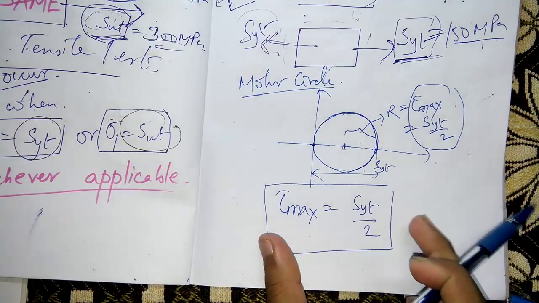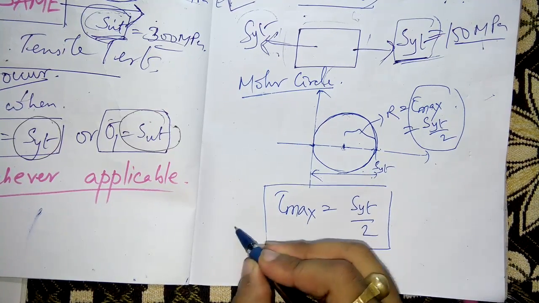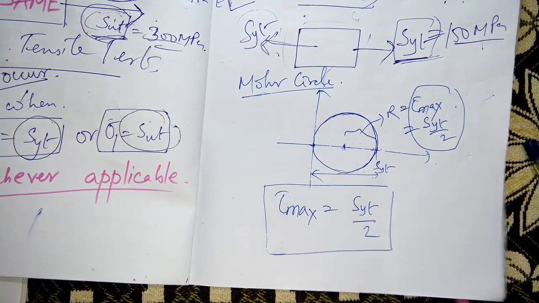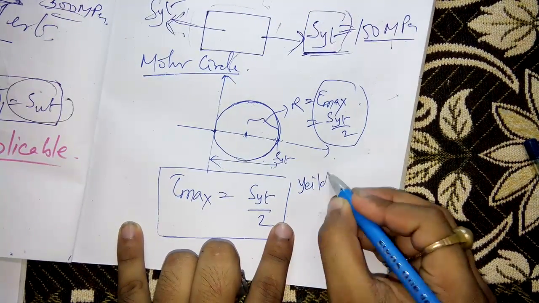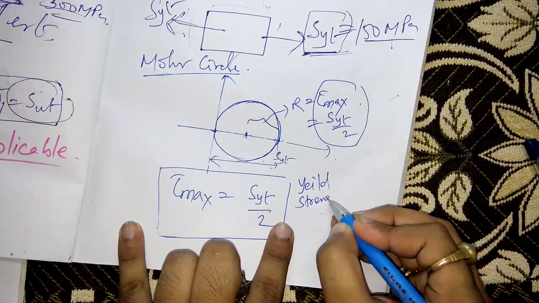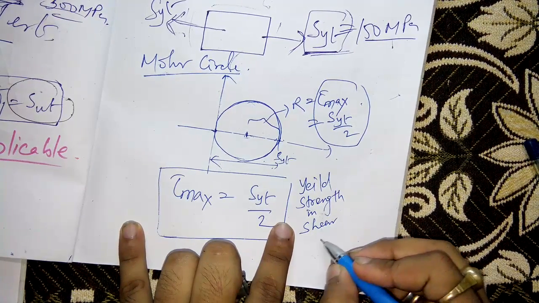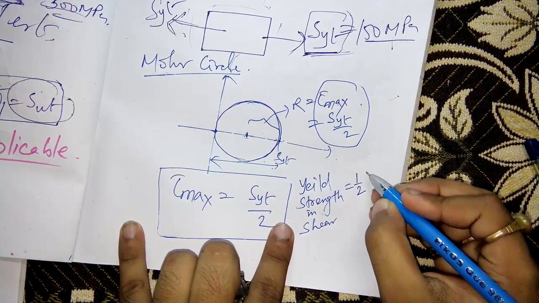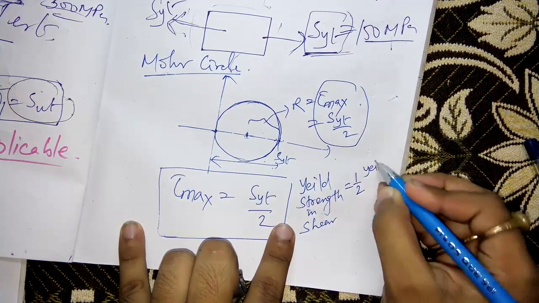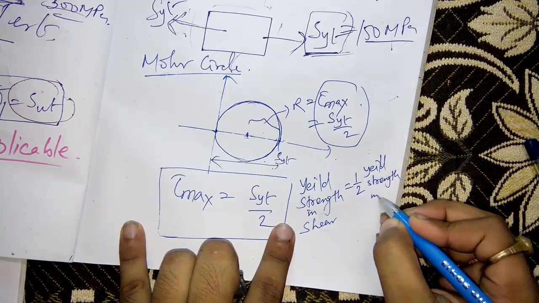So this thing also means that yield strength in shear is equal to half of the yield strength in tension.